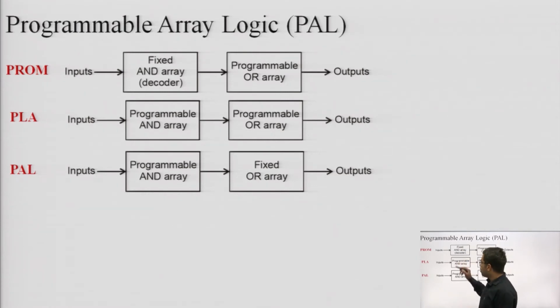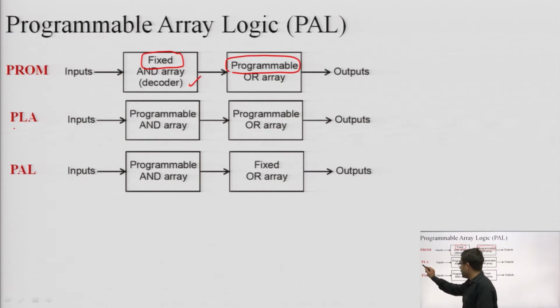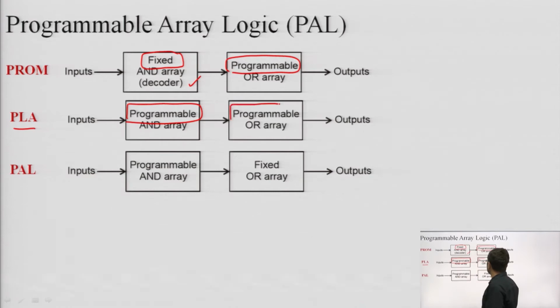In ROM we had seen that the AND array was fixed, but the OR array was programmable, and in the case of PLA both AND and OR were programmable. So the third possibility is that AND will be programmable but OR will be fixed.